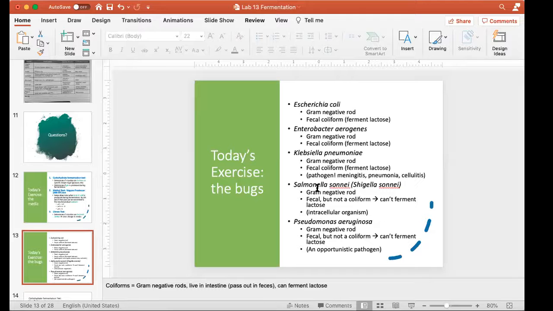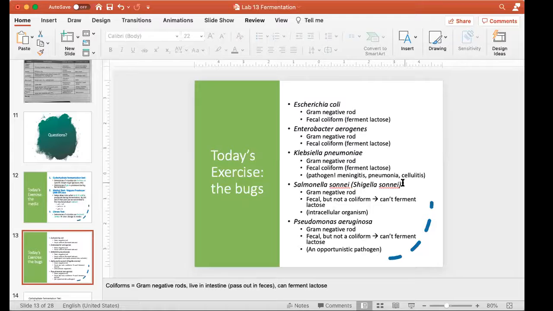Now I have 2 names here, which seems confusing. That's because Salmonella sonnei goes through name changes every once in a while. It's one of those organisms that some people want to refer to as a Salmonella because they think it evolutionarily is a Salmonella, but other scientists think it's better described as a Shigella.